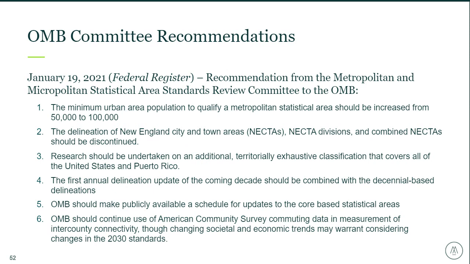Three of the ones that are highlighted are the minimum urban area population to qualify in metropolitan statistical area should be increased from 50,000 to 100,000. OMB should make publicly available a schedule for updates to the core-based statistical areas, and an OMB should continue the use of American Community Survey community data and the measurement of inter-county connectivity through the changing of socio and economic trends may warrant considering changes in the 2030 standards.